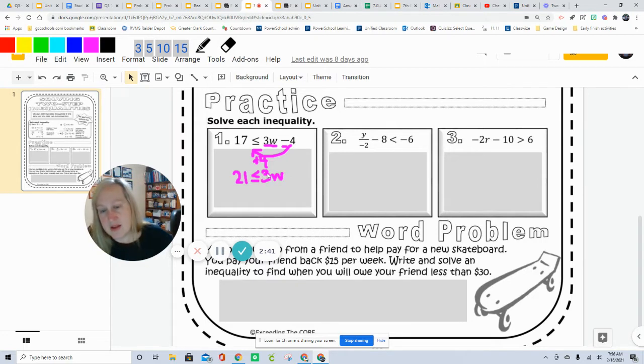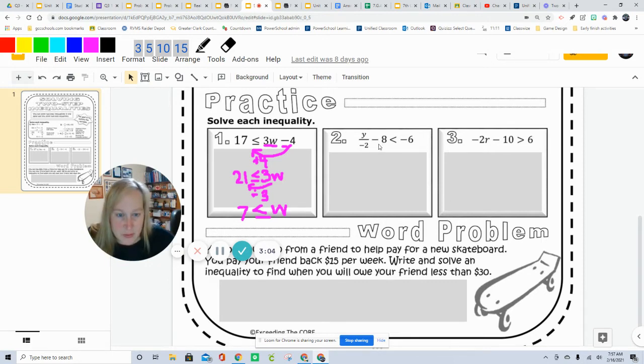Now this means divide, this means multiply. So in order to move that over, I've got to divide by 3. It's not divide by negative 3, so I don't have to flip anything. So your answer, 21 divided by 3 is 7, and you're left with w on this side. So it's the same as our equations.